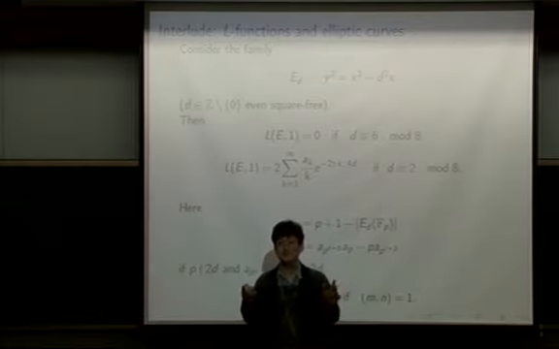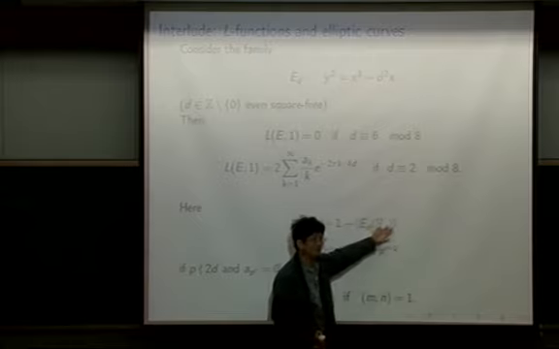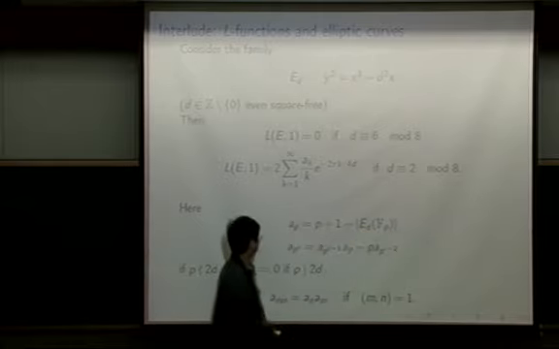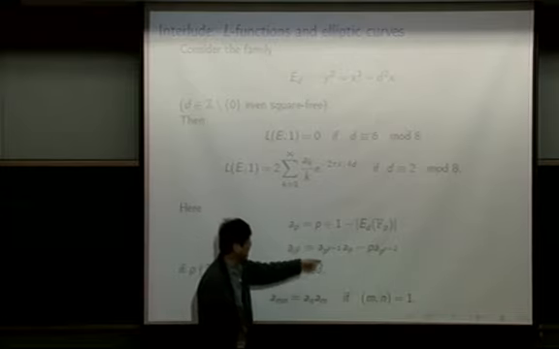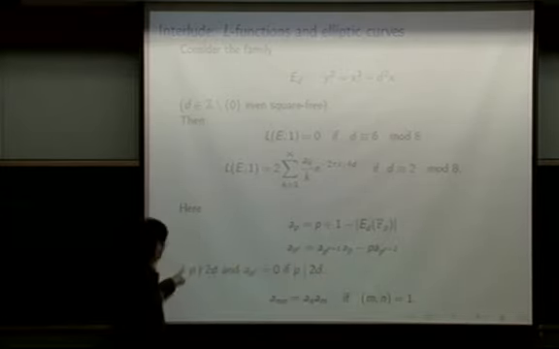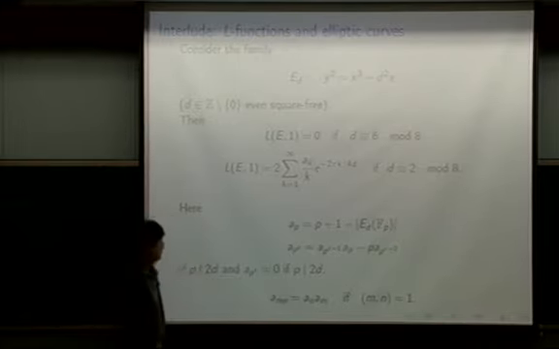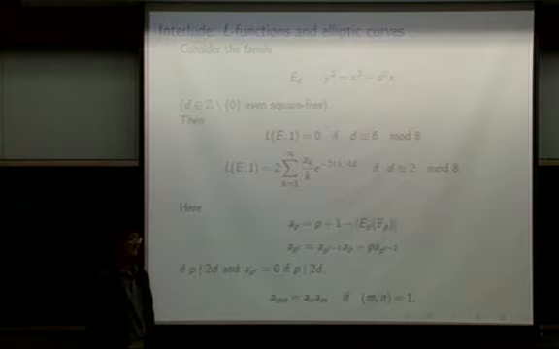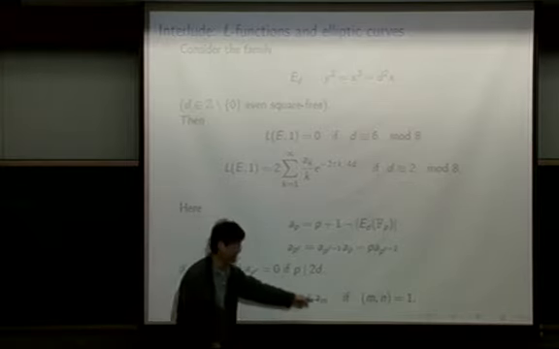You just have to consider two coordinates in F_p and see which of them satisfy the equation. So this is very elementary to compute. Then a_{p^r} is defined using the lower orders with this recursive formula, but this is only when p doesn't divide 2d. And a_{p^r} for p dividing 2d, you just set to be 0. And then, for m and n relatively prime, a_{mn} is defined by this formula.